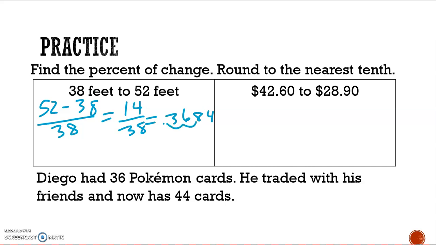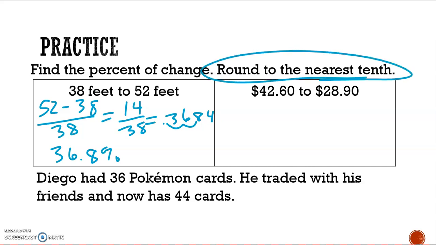But I'm going to stop there, because when I move the decimal 2 places, it becomes 36.8%. And it is 8 because the 4 tells you to leave the 8 alone. Okay, in the directions, if you read them carefully, it said round to the nearest tenth. So the 4 tells you to leave the 8 alone. And then because we went from 38 to 52, this is an increase.